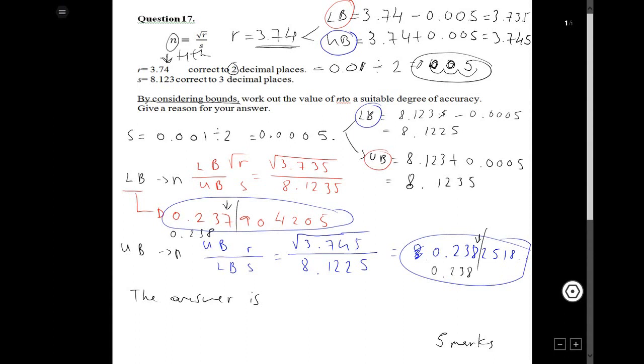So they're both still the same. Now if you carry on and try to round them to 4 decimal places, you're going to notice that it's going to be something completely different, so they stop being the same. That's why the final answer is 0.238, because both numbers round to this value.